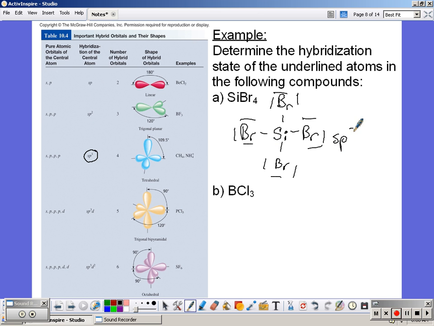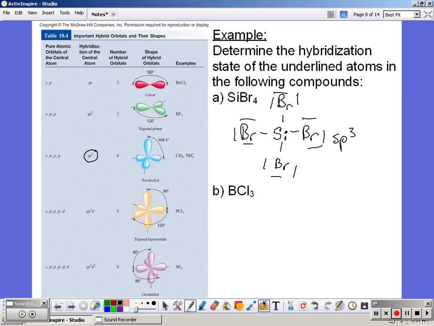Now, another way of determining it is to count the number of things involved. You have silicon as a center, and then you have four bromines attached. So you want to look for a hybridization that adds up to 4. 1 plus 3 is 4. So that's a quicker way of doing the hybridization instead of having to simply memorize all the time.